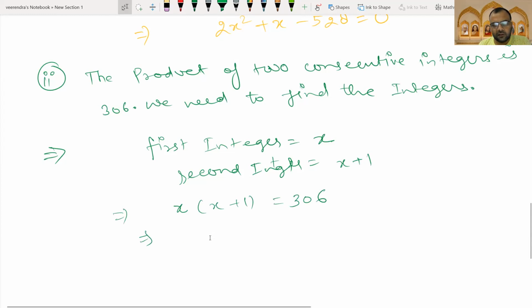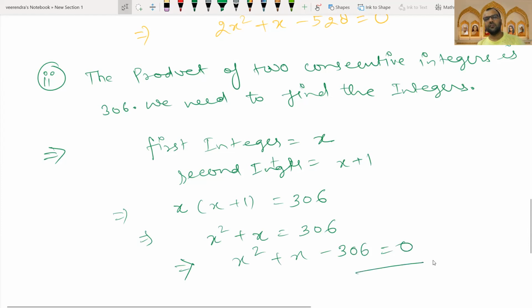After multiplication, it becomes x square plus x is equal to 306. So the quadratic equation will be x square plus x minus 306 is equal to 0. After solving this equation, we will get the integers. So in this way, we can represent the equations and, after solving, we can find the answers.